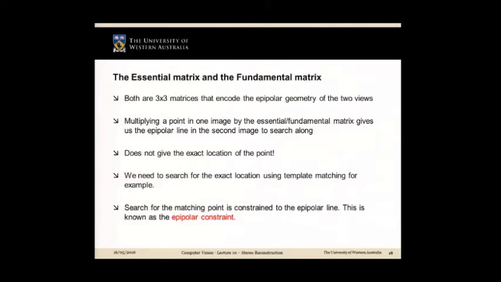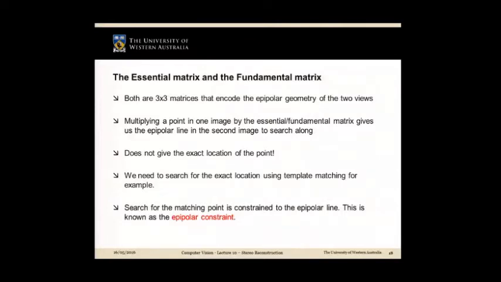But again, it's a stereo vision concept in that terminology. So it doesn't give the exact location of the point. We need to search for the exact location using template matching, for example. So again, you need to find the correspondence. And for correspondence, what do you do? Again, as I've explained, you can do template matching.